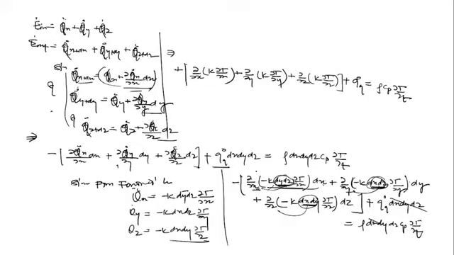Now, can I take k outside, because here k, here k, here k. Can I take k outside? No, even for an isotropic material, I can't take k outside, because k may be a function of temperature.